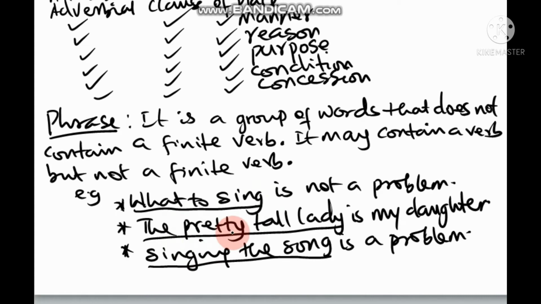Singing the song is a problem. The underlined part is singing the song. Now, singing the song contains a verb, but it is not a finite verb. That singing there is a verb, but it is a non-finite verb. I hope you understand that very well.